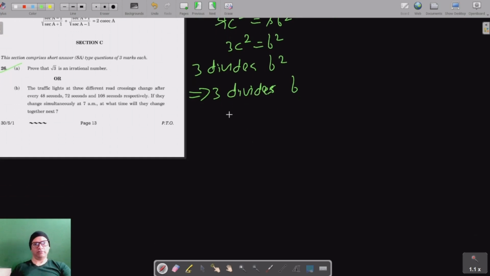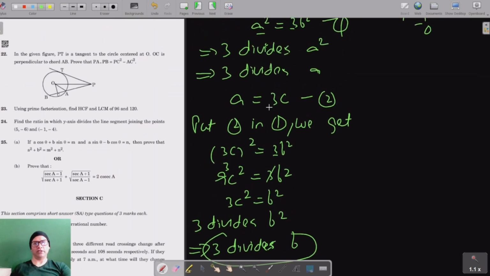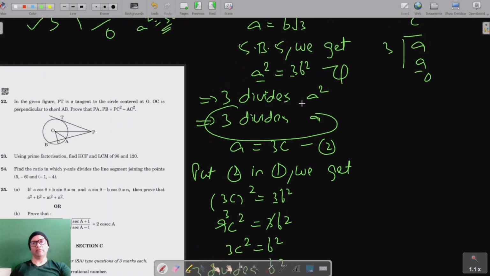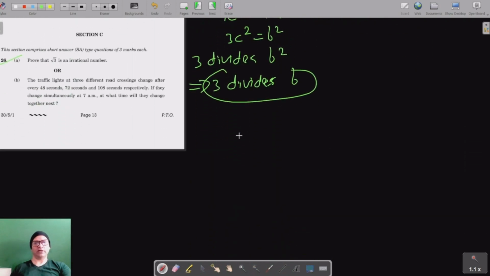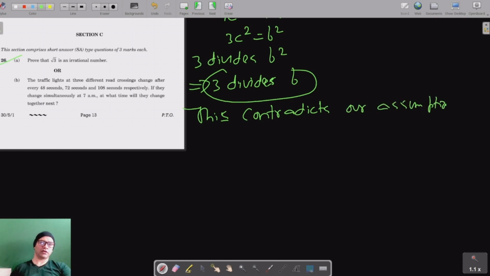So 3 divides b and 3 divides a, but a and b were co-primes, so that means this contradicts our assumption. This contradicts our assumption, and hence a and b are not co-primes.